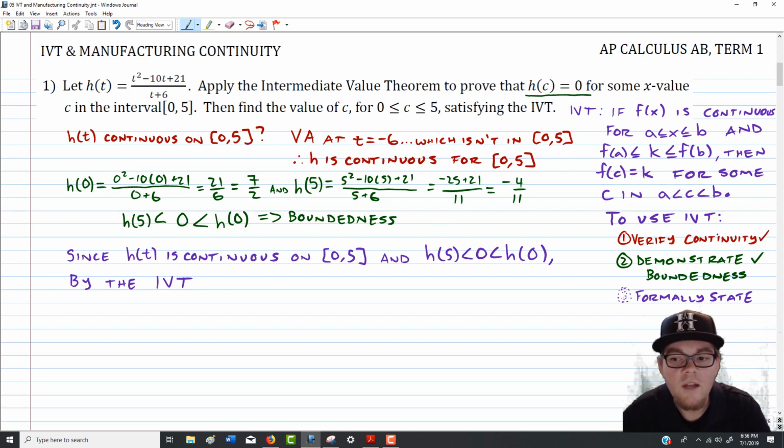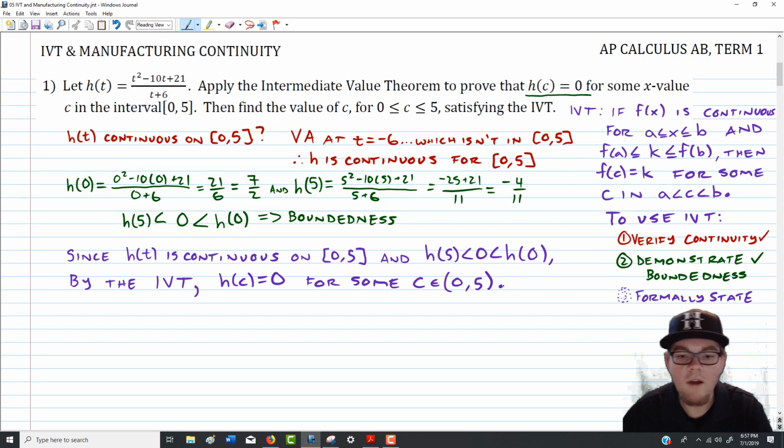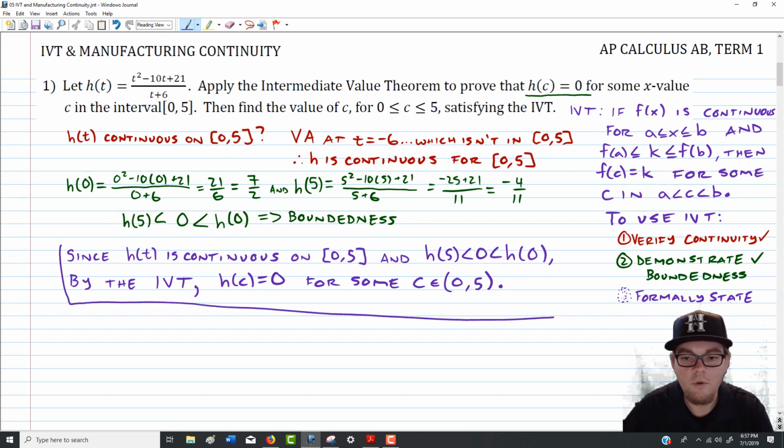We had two properties, continuity and boundedness. We said since h is continuous and bounded, by the intermediate value theorem, h of c equals 0 for some c in 0 to 5.